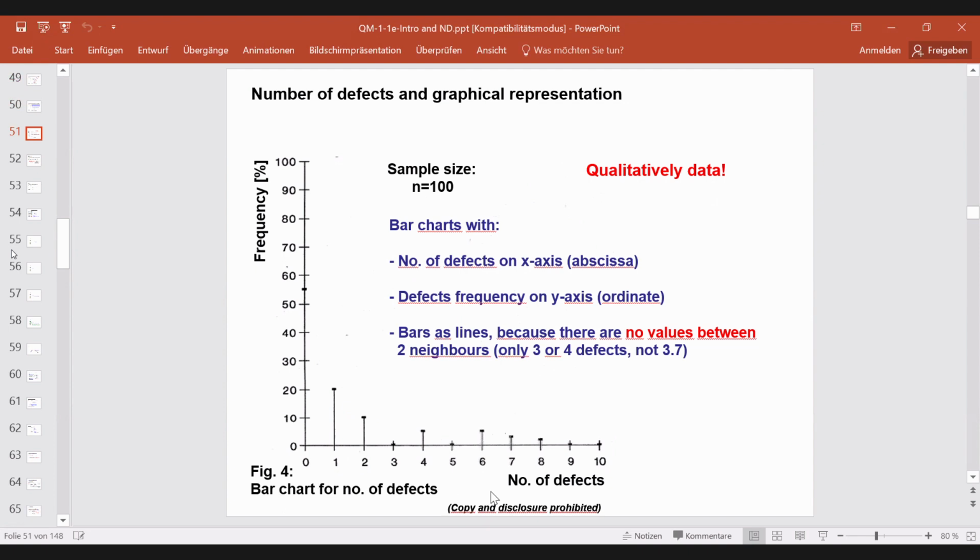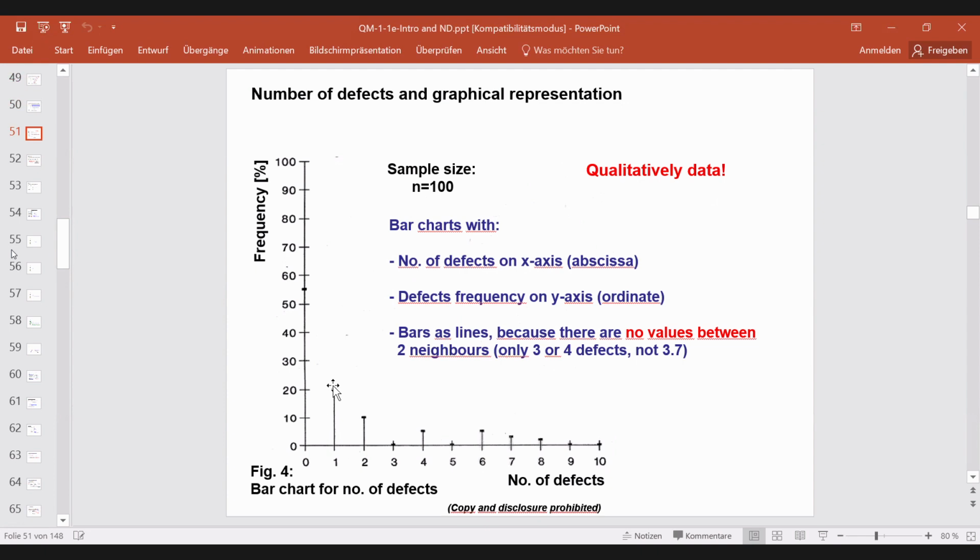Mostly qualitative data mean the number of defects. So a product can have one defect or two or three or four or five, but not 3.7 or 4.2 or 7.9. It can only have one defect or two or three or four defects or so on.